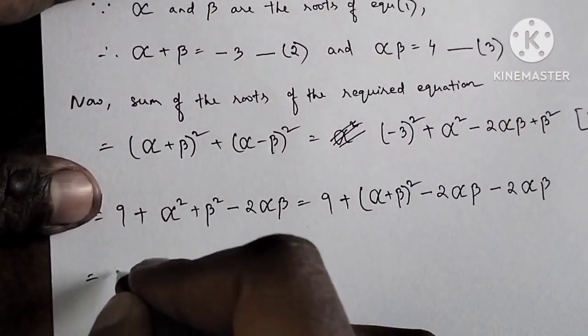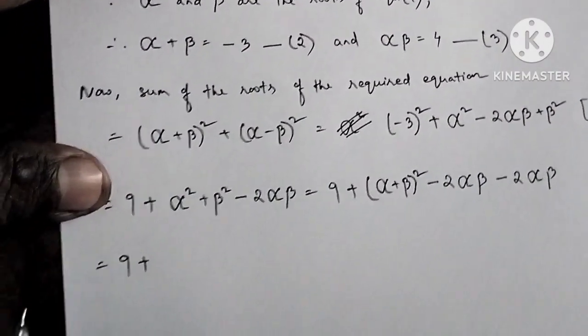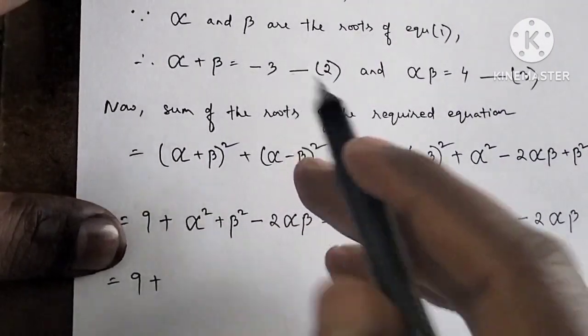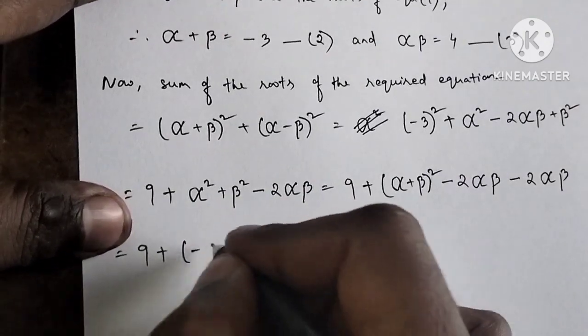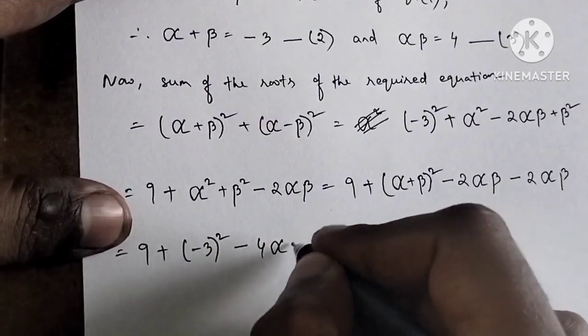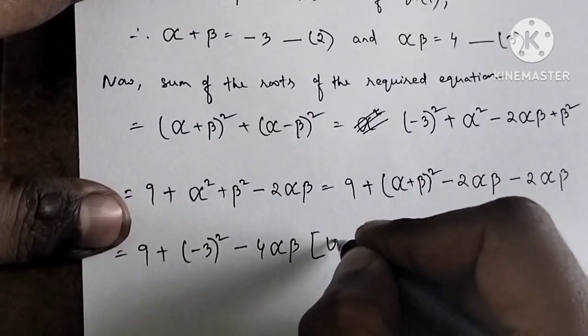So this will be 9 plus alpha plus beta is again minus 3, that is (minus 3) square minus 4 alpha beta.